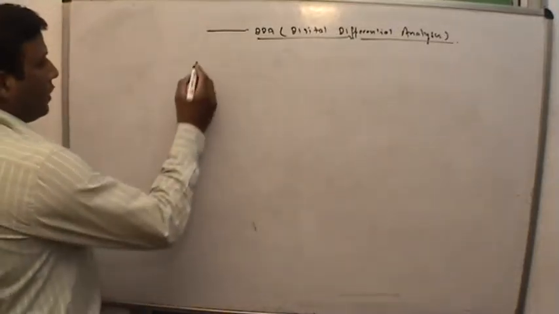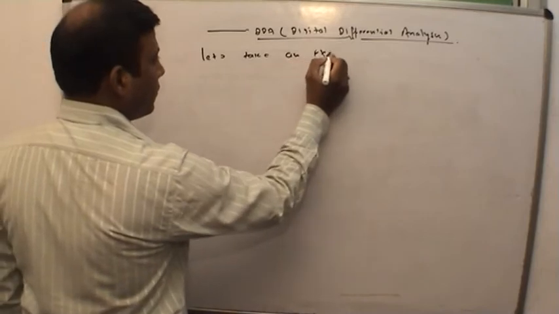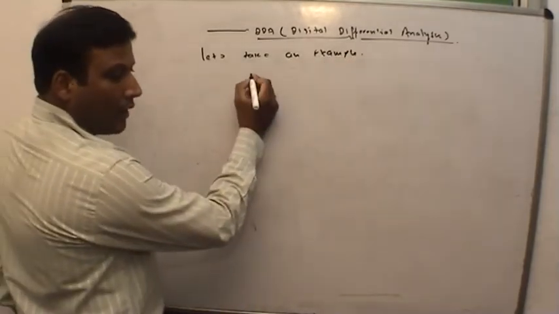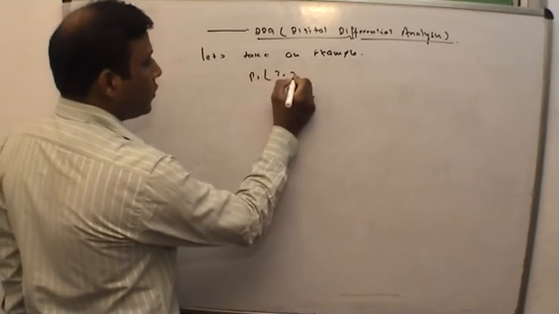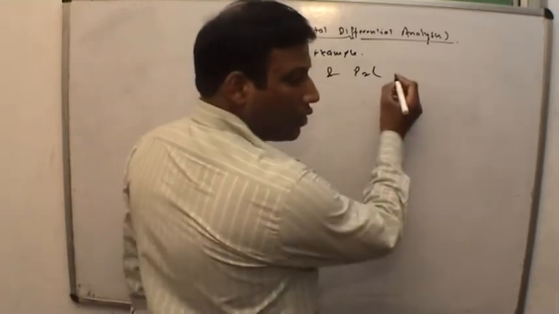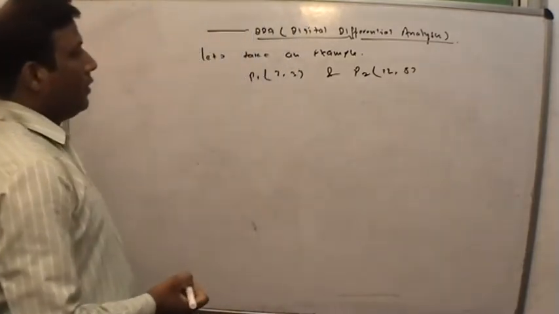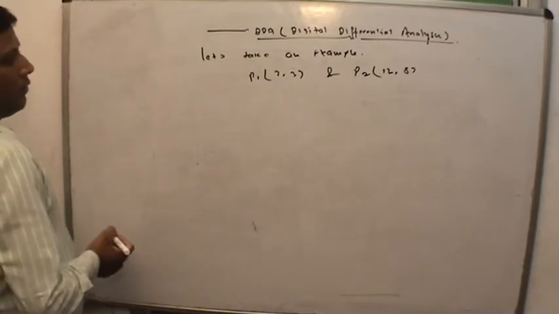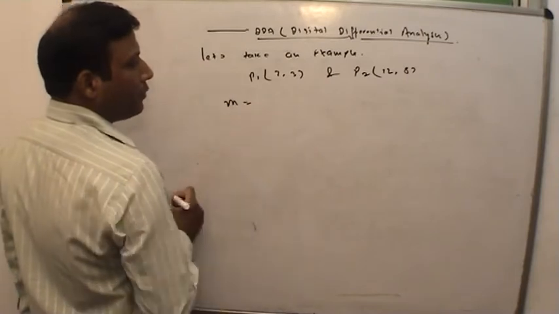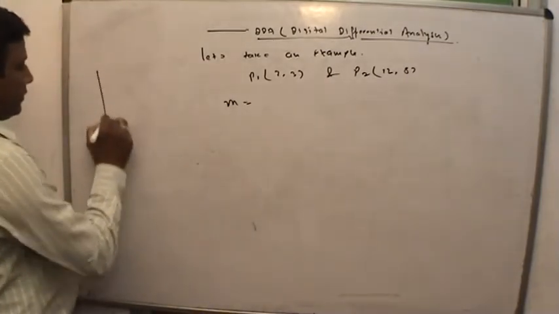Let's take an example. Point P1 is (2, 3) and point P2 is (12, 8). We can find the slope m equal to (y2 minus y1) by (x2 minus x1).